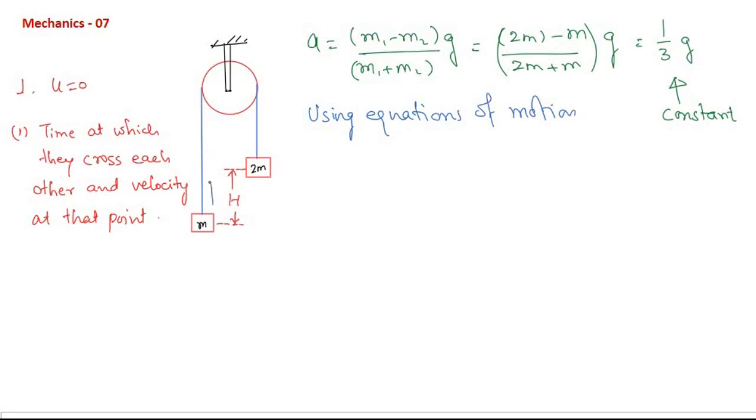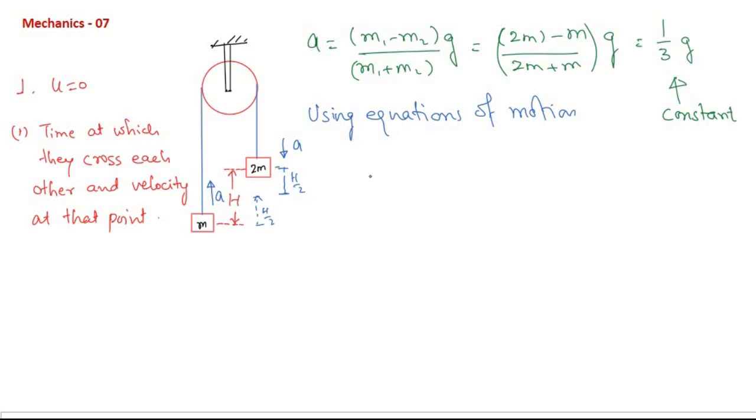See, this is the acceleration of these blocks. When the motion starts, this block will go up with the acceleration a, and this block will go down with the acceleration a. So here each block has to travel a distance of h by 2. Suppose this block came from here to here, this distance is h by 2. In the same time, this block will also move a distance h by 2. So for one body, the distance traveled should be h by 2.